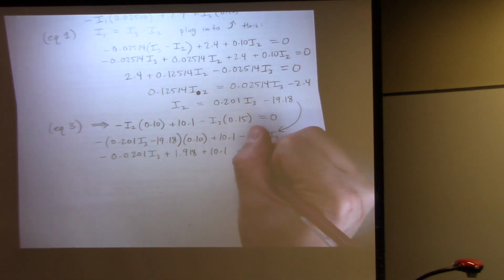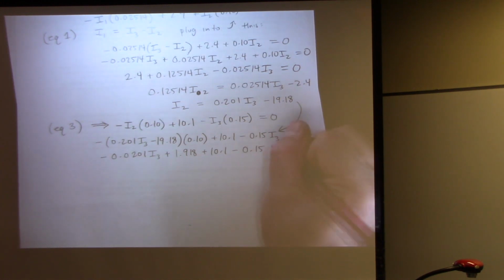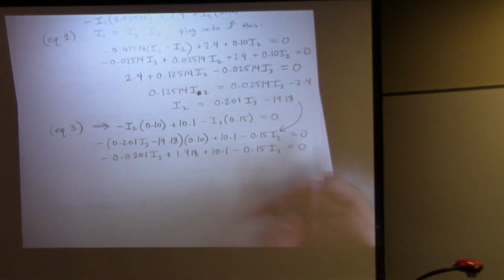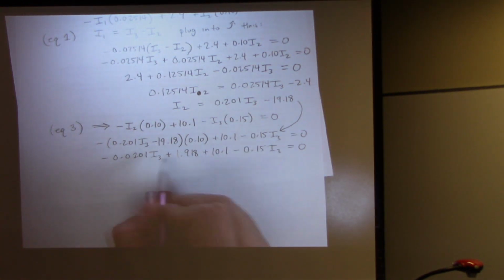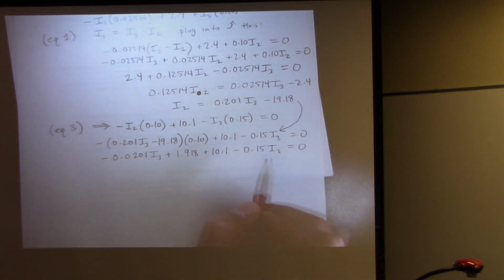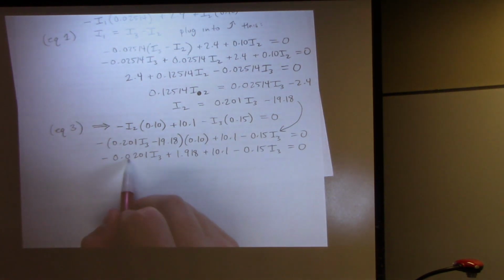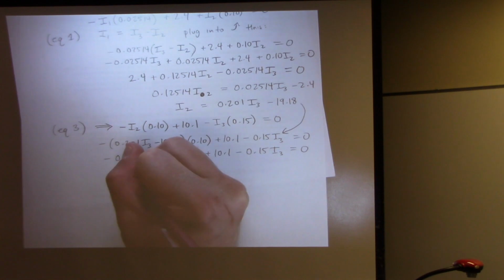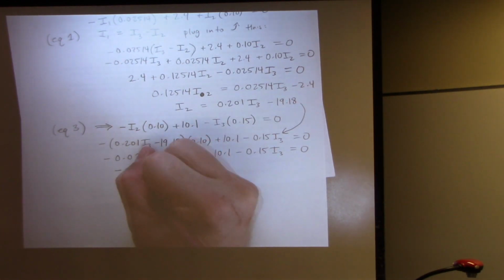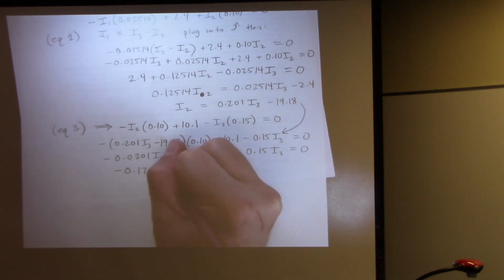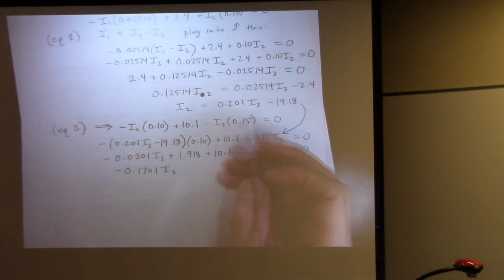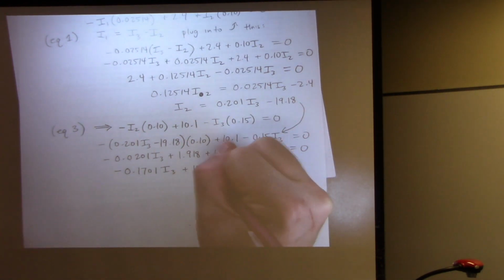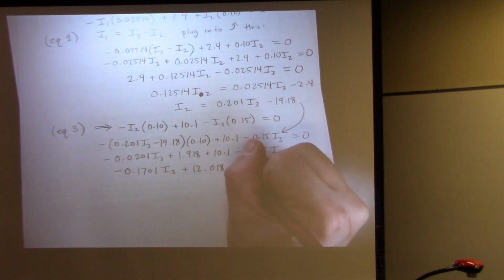And then we have negative 0.15 multiplying I3, all equal to 0. Okay, so let's combine the two terms with an I3 in them. When you add those numbers, you're going to get minus 0.1701 I3. When you add these two numbers together, you're going to get plus 12.018, and that's going to equal 0.